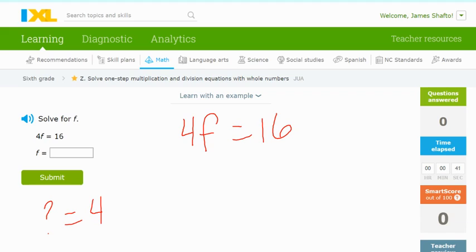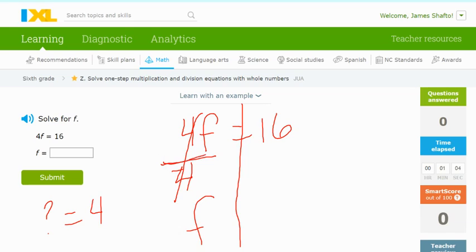But the way to solve it is by using inverse operations. Since this is multiplied by 4, the opposite of multiplying is dividing. I'm going to do that using a fraction bar. Now I have a 4 in the numerator and a 4 in the denominator, and that's going to give me 1 whole f.